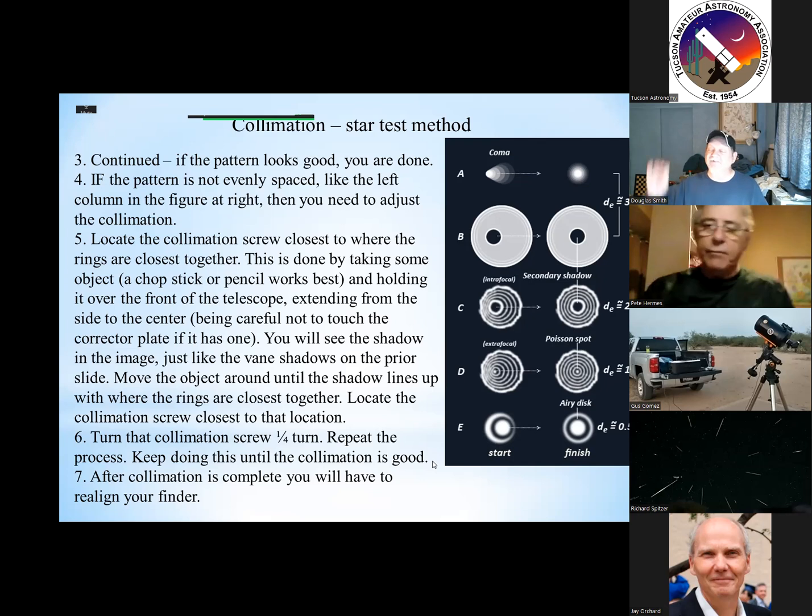I'll have it dead center on the finder and the object isn't there. It's like, okay, wait, I just collimated it. Oops. Forgot to realign the finder. Yeah, you have to do that. And it's surprising how much your finder can be off from just a quarter turn of one of these screws. It can be so far off that you're not in the field of view anymore.